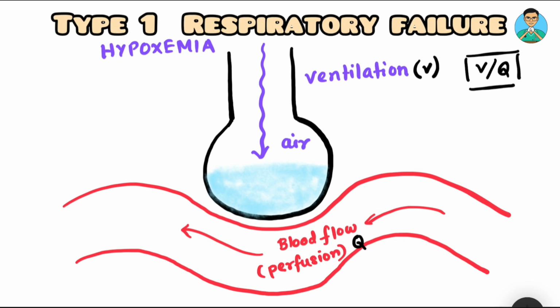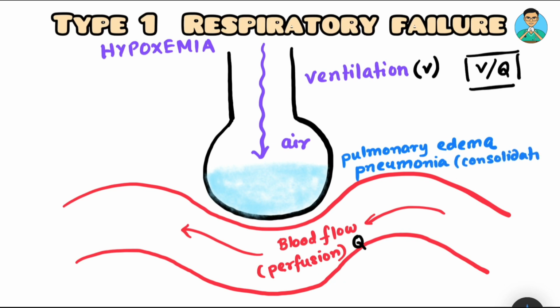Now suppose there is an alveoli in which we have water within it. This situation can be as in case of pulmonary edema, or there can be consolidation as in case of pneumonia, or even in case of ARDS, you can see this kind of situation. In that case, the oxygen that is getting dissolved into the water is quite less, and hence the amount of oxygen available for diffusion or exchange is very low.